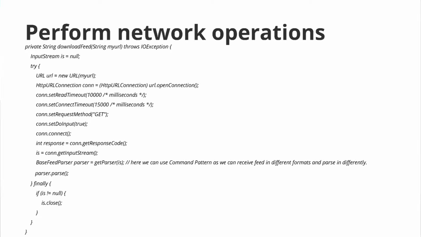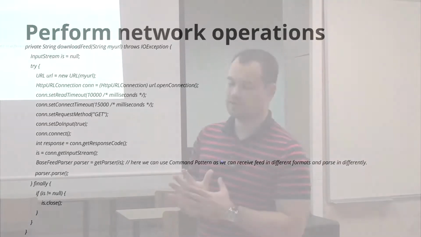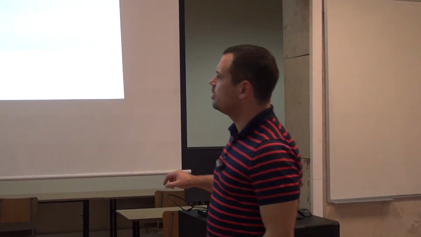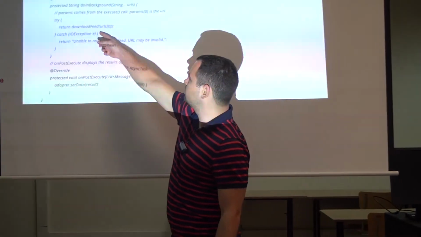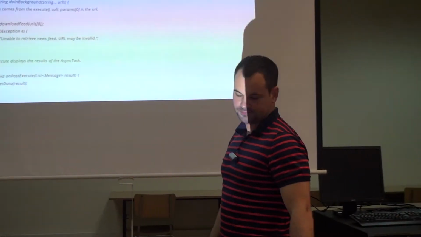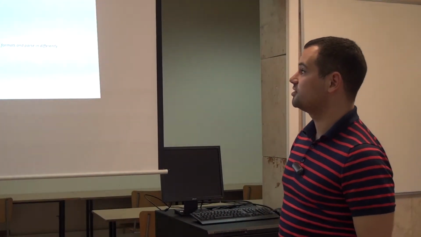So the download feed method receives the URL. Sorry, I had an error here. In the code, we don't pass the whole list, but just the first one. So the method receives just the first URL.